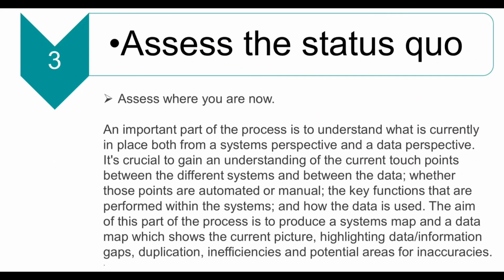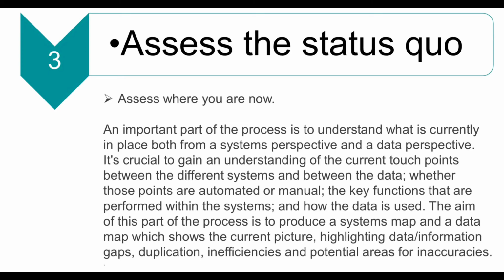The third one is to assess the status quo. Where are you now? Where is the company standing? It is an important part of the process to understand what is currently in place, both from a systems perspective and a data perspective.